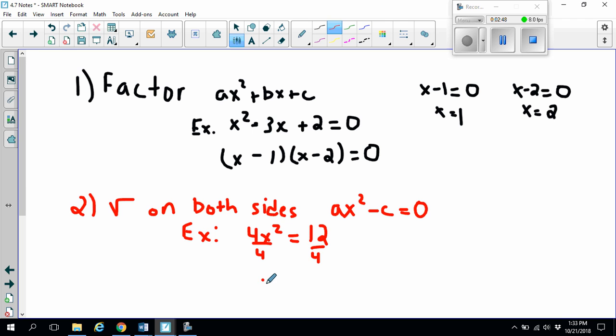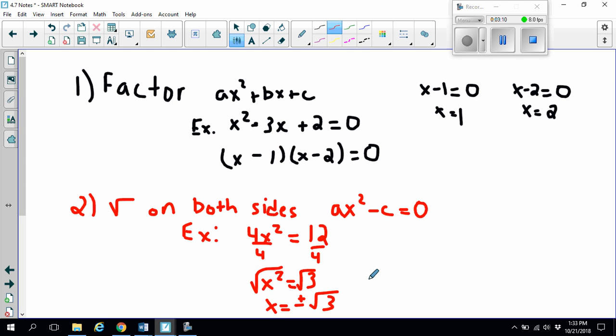So we get x squared equals 3, and then we just take the square root on both sides. So our final answer here would be x equals, now don't forget, plus or minus square root of 3, since 3 is not a perfect square, and there's no perfect square other than one that goes into it.